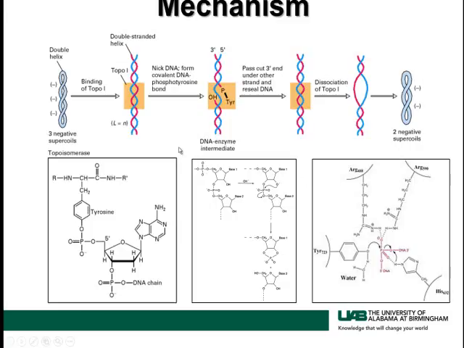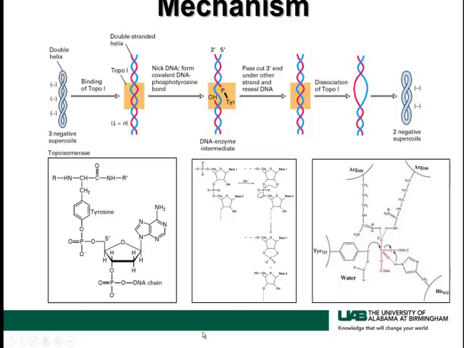So what is the mechanism? Well, it's a bit complex, and we won't focus too much on that, but it requires 4 different amino acids in the binding site for the topoisomerase and the substrate. And it requires tyrosine, 2 arginines, and a histidine.